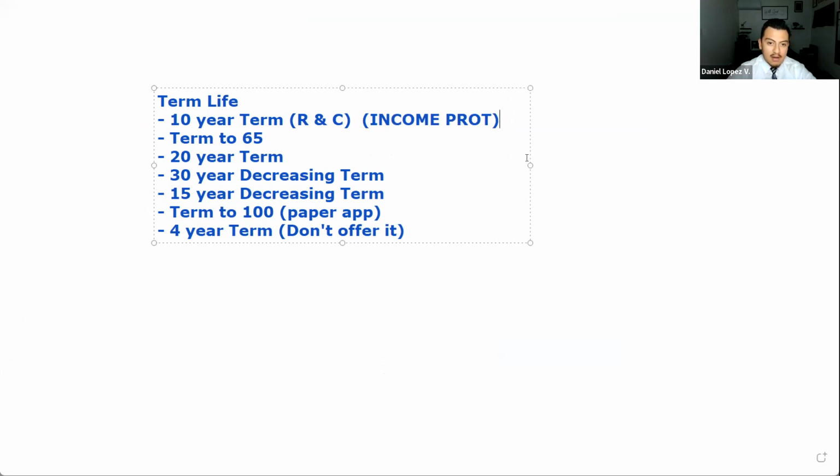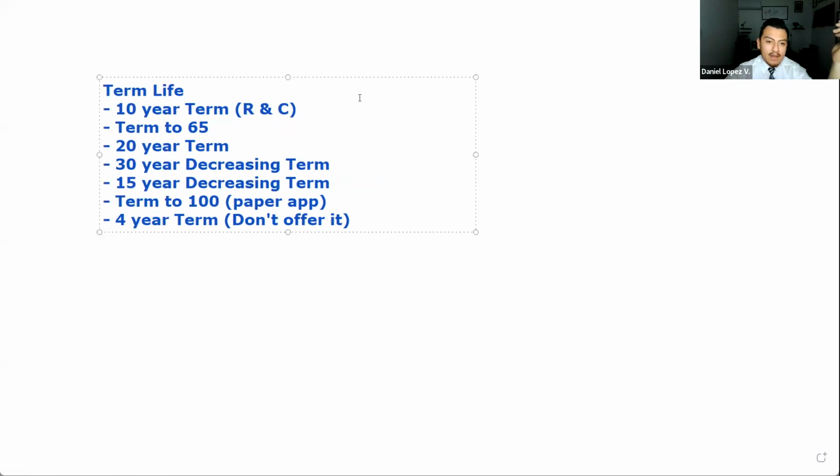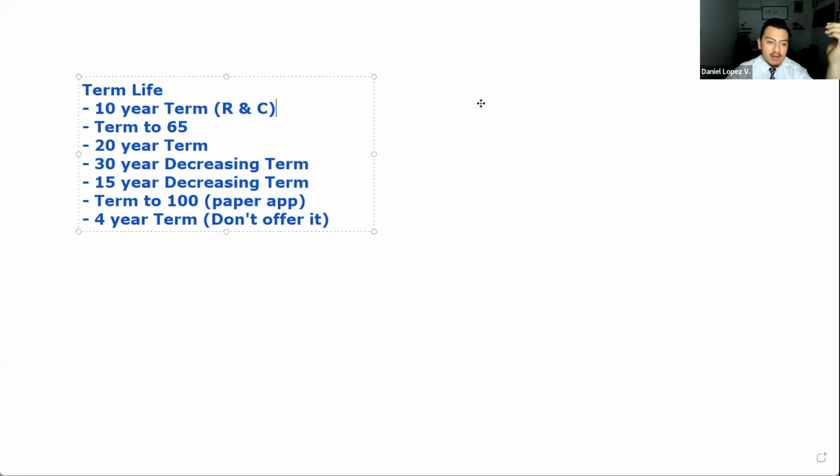On the e-app, this becomes mortgage. Okay, and so on. Mortgage for the 30 and mortgage for the 15. Income protection, which is the main one, the one you're gonna see, is a 10-year term. We label it as income protection. All right, so that's for the term. Questions on it? No? Great.